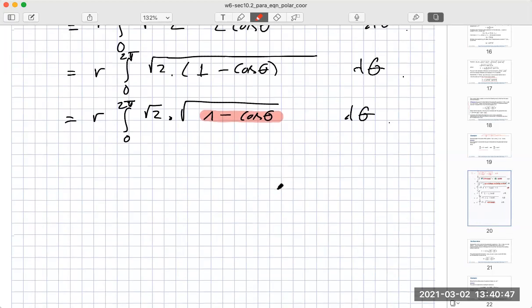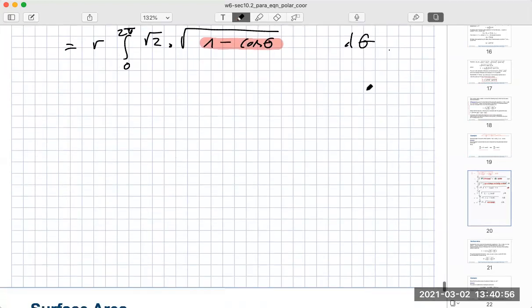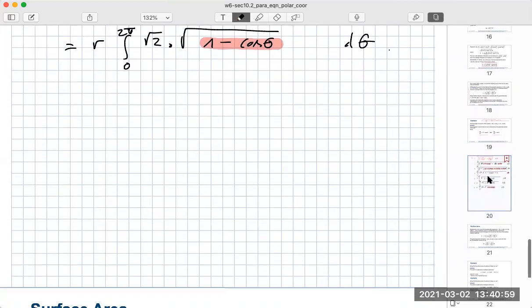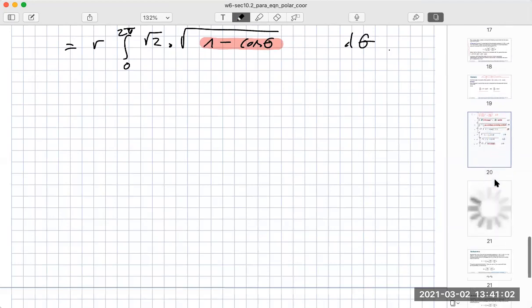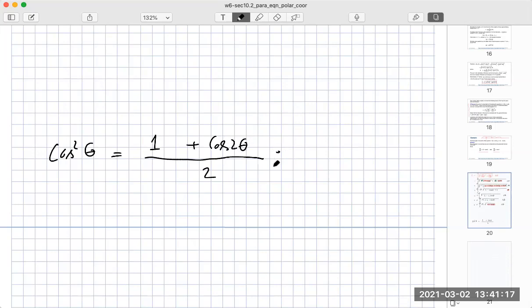So which formula do you think? Now look at this. What do you think about these two formulas?